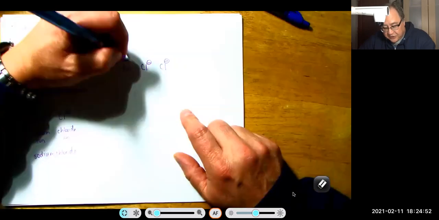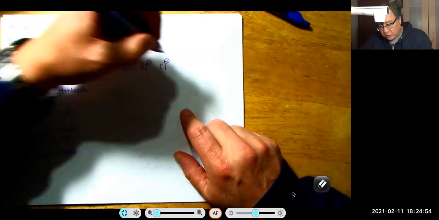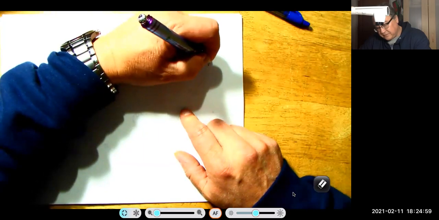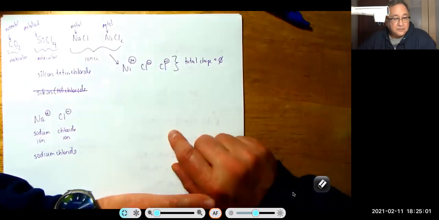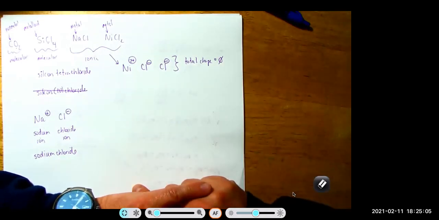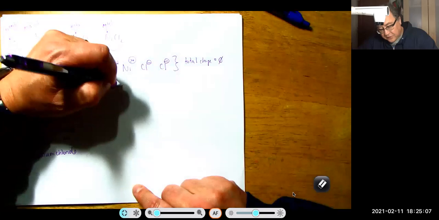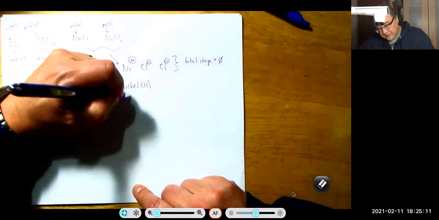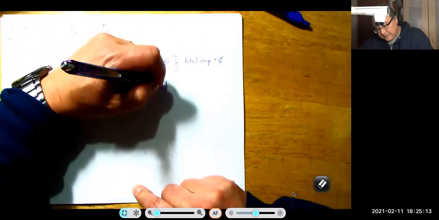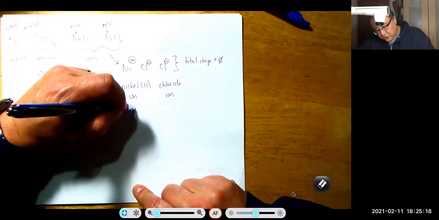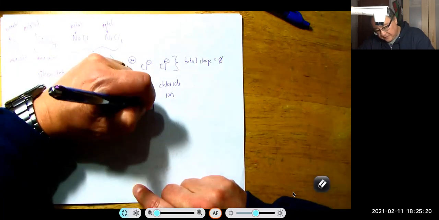It has to be +2 because the total charge has to be 0. So that's why this has to be a 2. So the name for this one is nickel 2 ion and chloride ion. And so you get nickel 2 chloride.